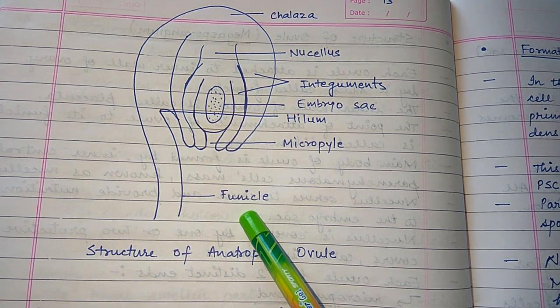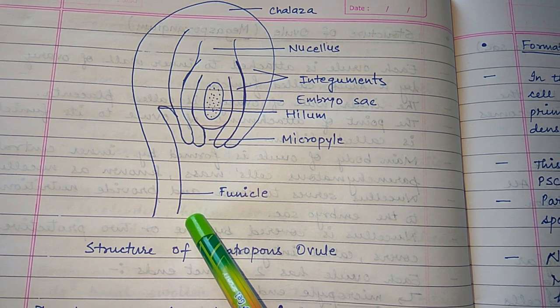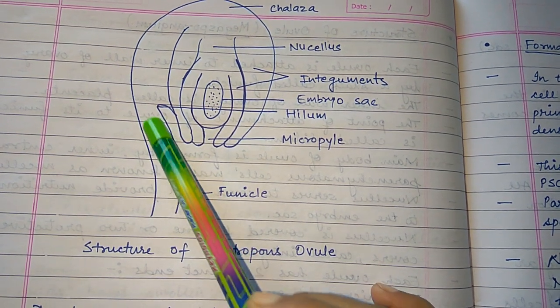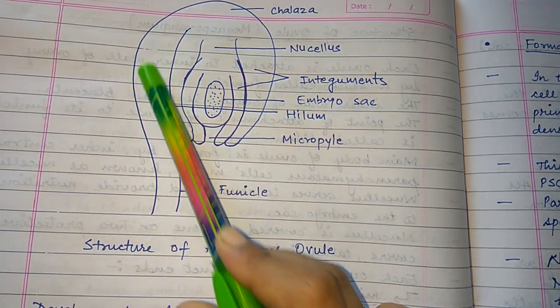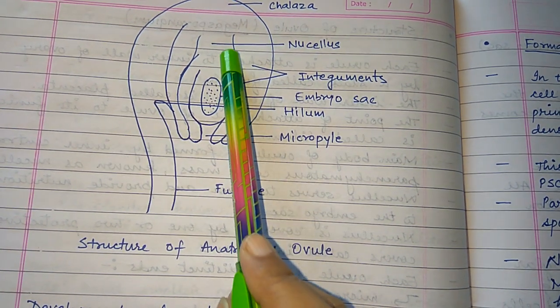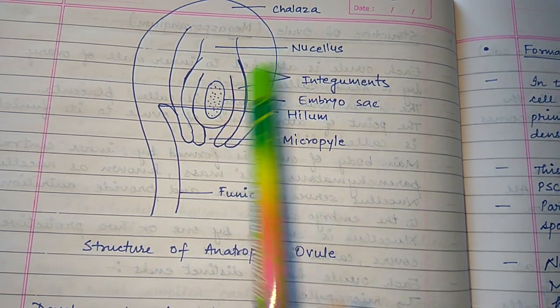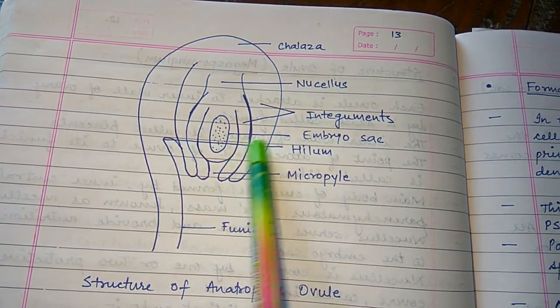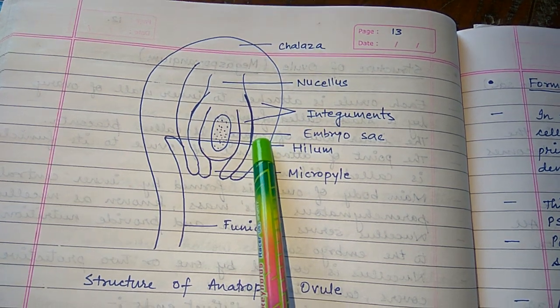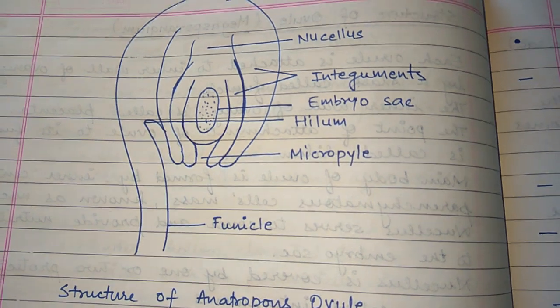Sometimes funicle is continuous beyond the hilum. It is clearly present in anatropous ovule. If only one integument is present, it is called unitegmic. If two integuments are present, it is called bitegmic, and so on.